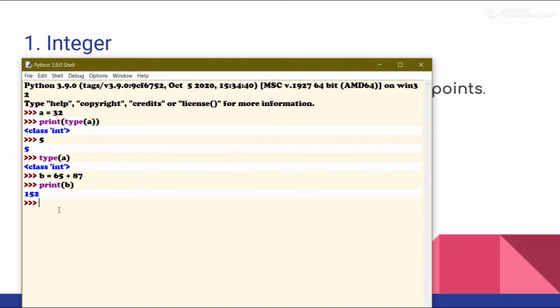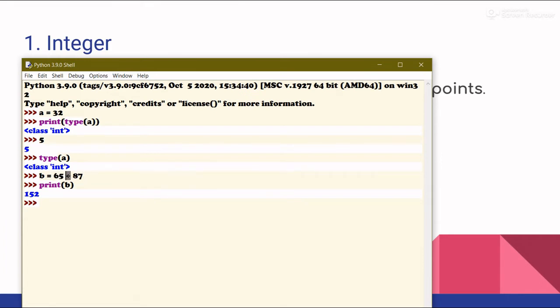We got 152. Now you might have already guessed these two numbers have been added together and we got 152 as the result. So this plus thing here is called an operator, and an operator is basically nothing but something that performs an action on some given values, and those values are 65 and 87 over here.